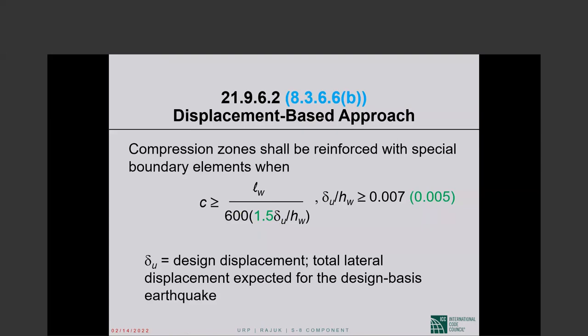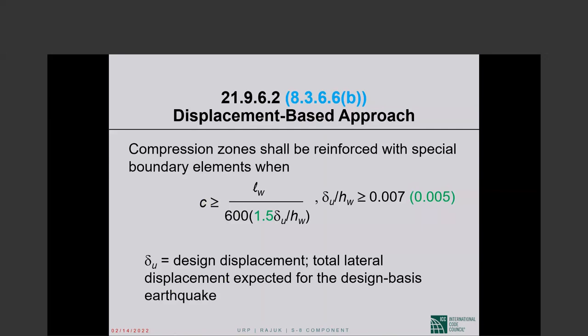Okay. C exceeding the right-hand side means you need special confinement. So if you insert 1.5 in the denominator, you are making the right-hand side smaller, so it will be easier to exceed the right-hand side, so you will end up requiring special boundary elements in more and more walls.